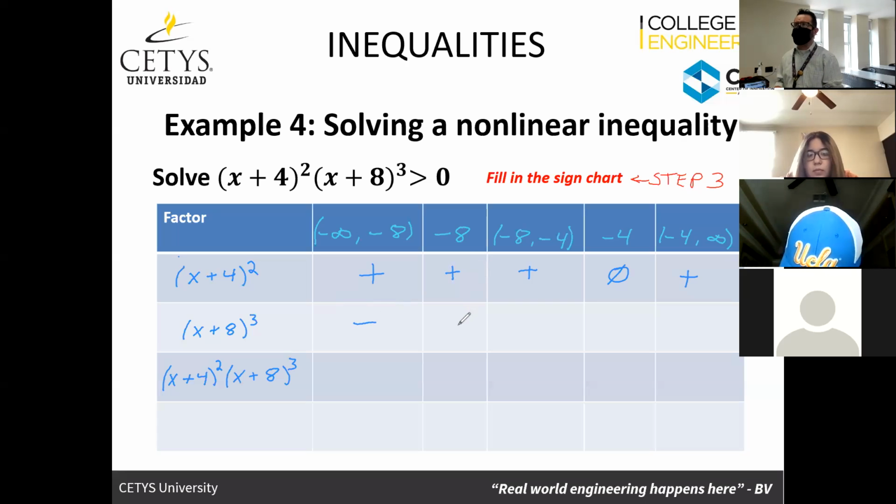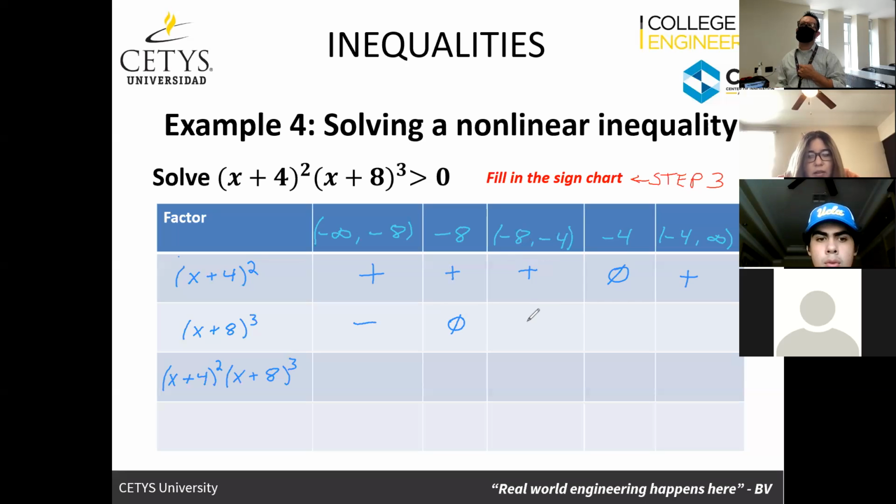If I substitute the minus 8, Anna, what am I going to get? You're going to get 0. Perfect. If I substitute anything between minus 8 and minus 4, what am I going to get? Let's choose a number there, Anna. Choose any number between minus 8 and minus 4.